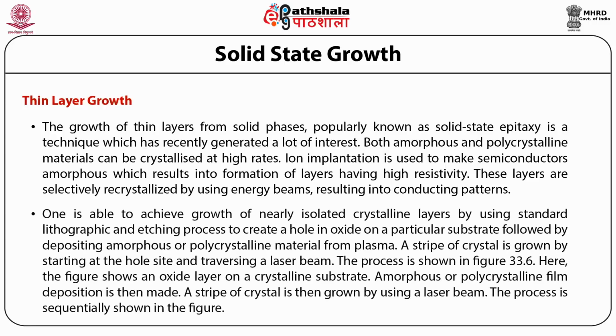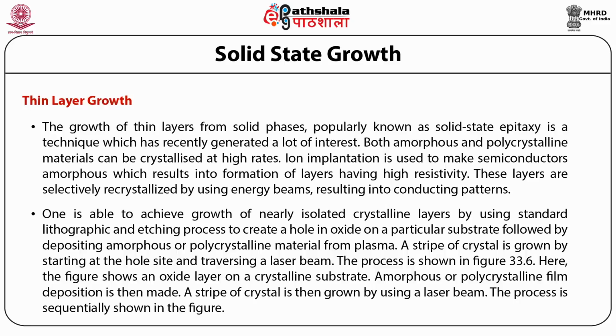One is able to achieve growth of nearly isolated crystalline layers by using standard lithographic and etching process to create a hole in oxide on a particular substrate, followed by depositing amorphous or polycrystalline material from plasma. A stripe of crystal is grown by starting at the hole site and traversing a laser beam.